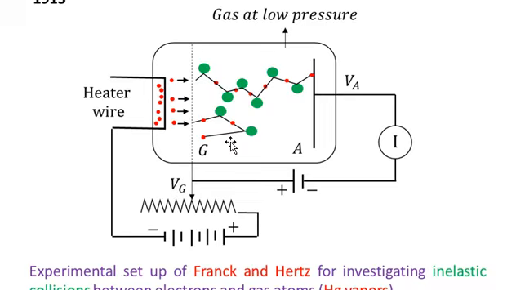They would not be able to reach the plate because there is also an opposing potential at the plate, and the electrons which do not have enough energy to surmount that will be reflected back. So after the inelastic collision, the electrons are left with a small amount of kinetic energy and cannot reach the plate A, and so there will be a reduction in the current, or a dip in the current is recorded.